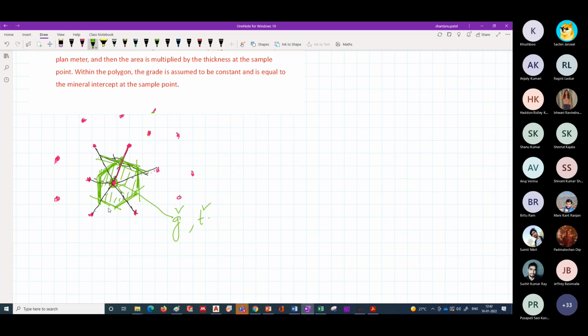The bisector of this line goes like this, and this goes like this. So this is the polygon that has been formed. To calculate the total quantity of ore in this polygon, you just assume that this borehole is representing this polygon. Is this clear? Yes, sir, got it. Okay. So let's say you have a rectangular pattern here.